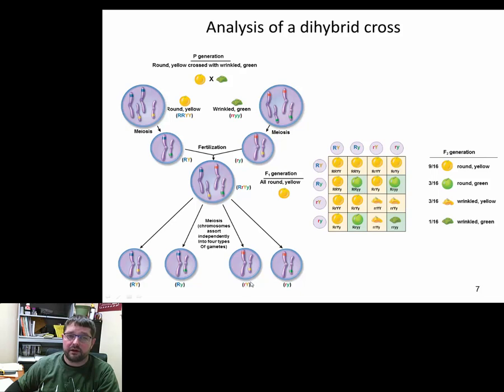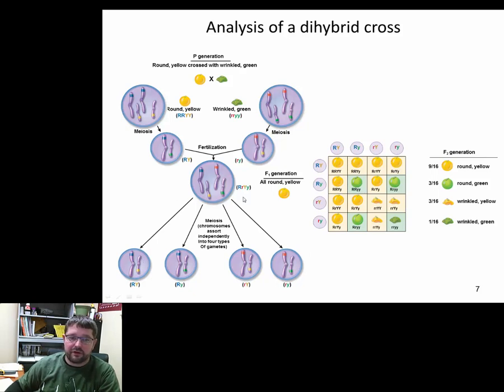Little r, big Y, so recessive for shape, dominant for color. Wow, that was a struggle for me. Okay, and then little r, little y is recessive for both. So those are the possible gametes.